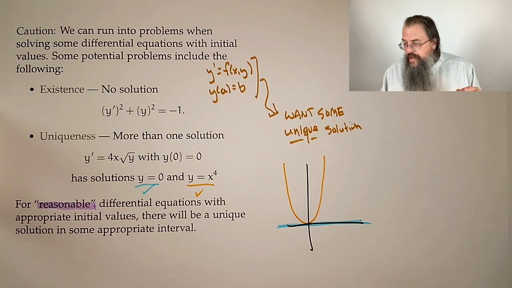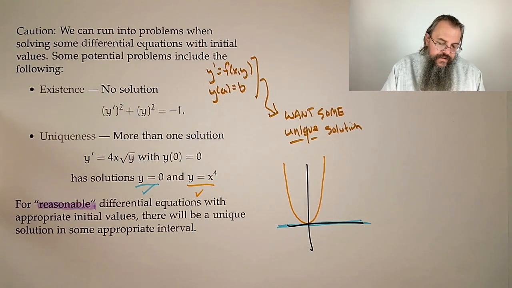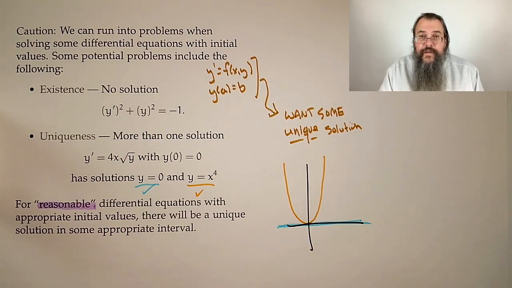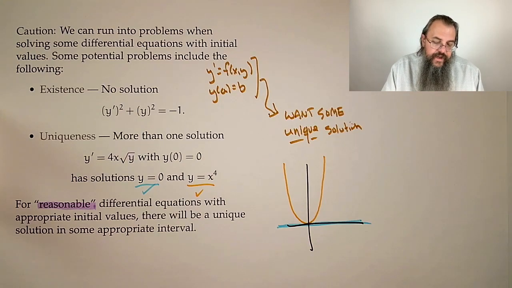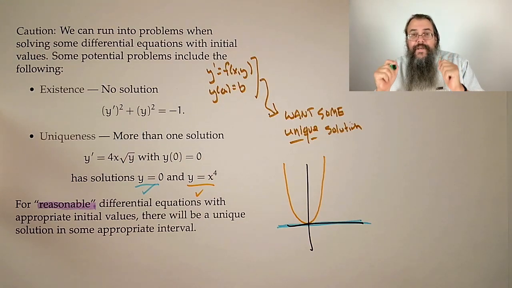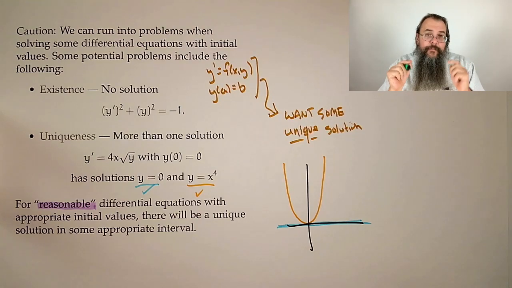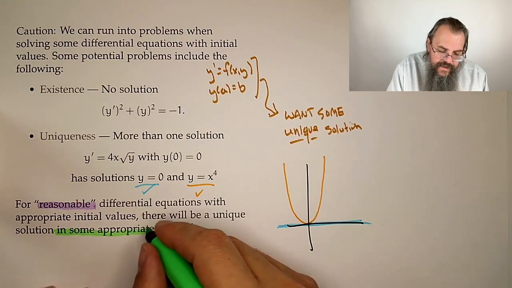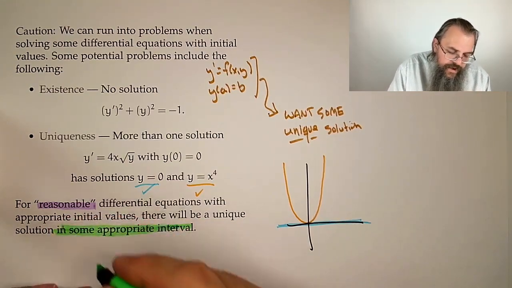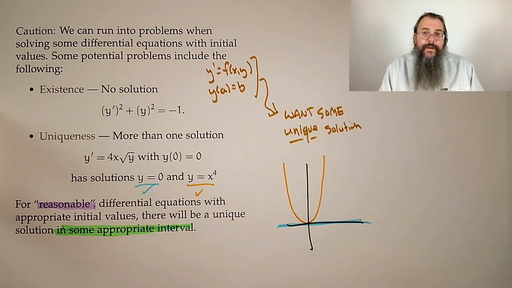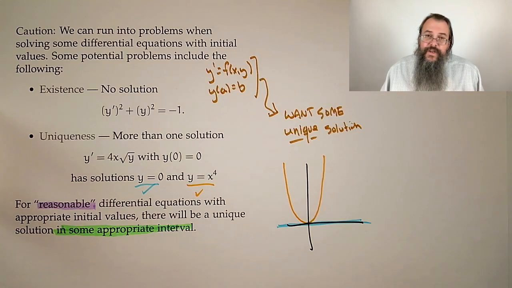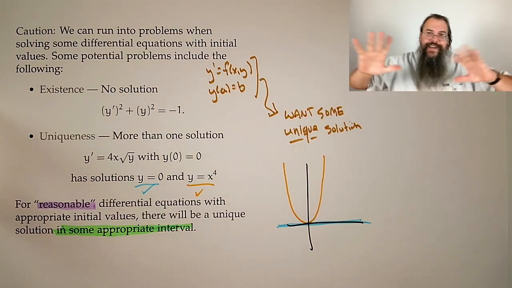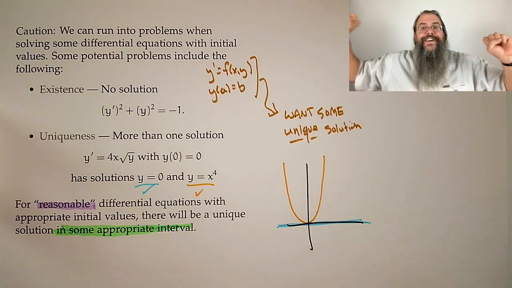One thing to keep in mind, and we're going to talk about this in an example in just a moment, is that it might be a unique solution, but you may have to make some assumption about the interval. Sometimes you'll come up with a solution to a differential equation and say, oh, this works everywhere and life is good.